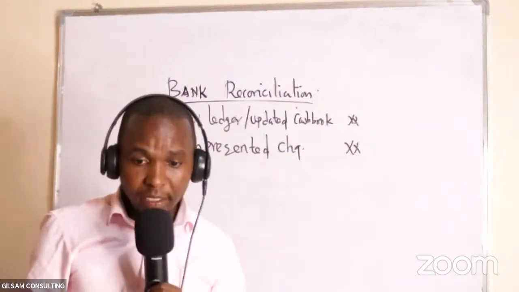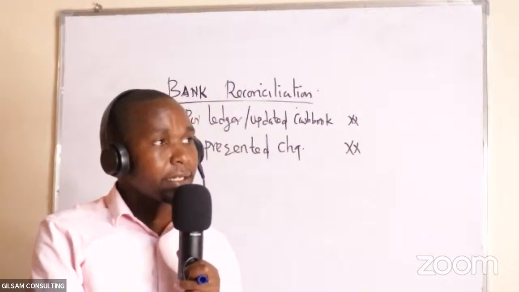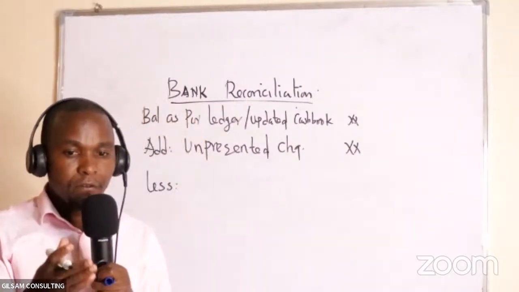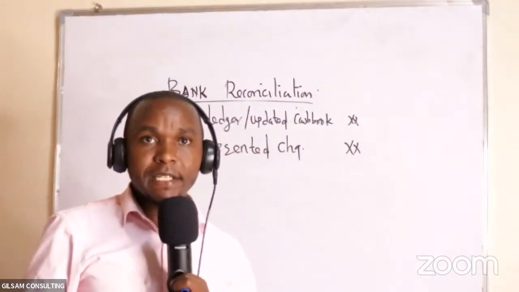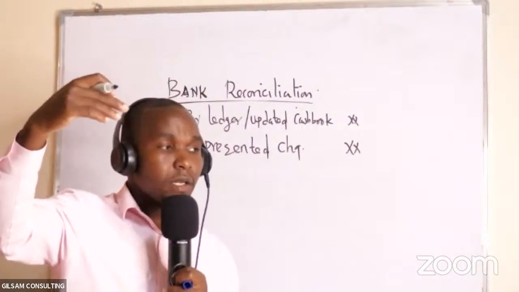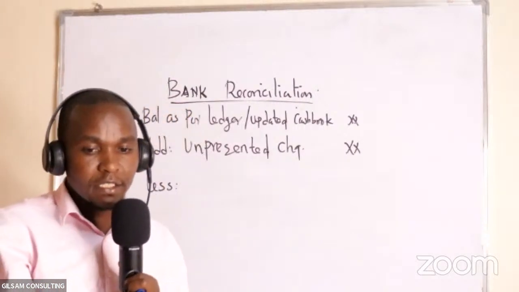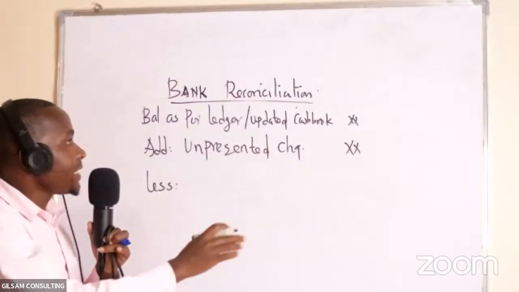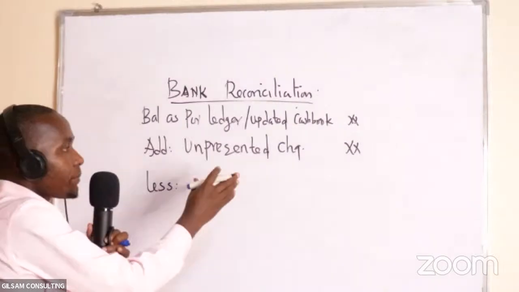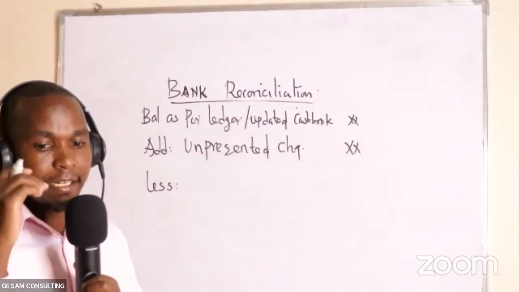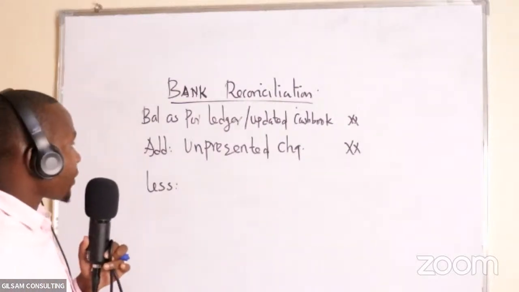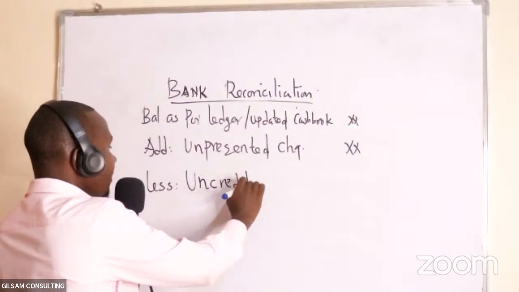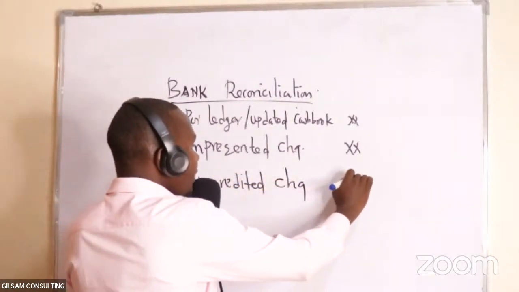Say you do the reconciliation on the 29th of February, which was a Friday, and you took a check on Friday, but by the next month, Monday the 1st of March, you find that the bank has not yet credited your account, but already you have adjusted in the cash book that you have received a payment of that amount. So you will say less uncredited check.